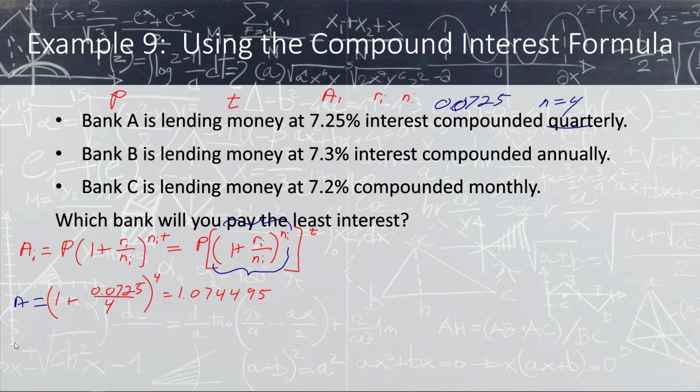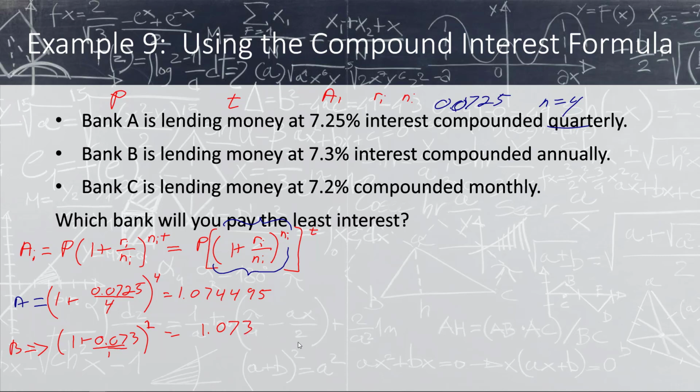Okay, now for bank B, I would have 1 plus 0.073 divided by 1 raised to the 1st power, which really is nothing more than 1.073.